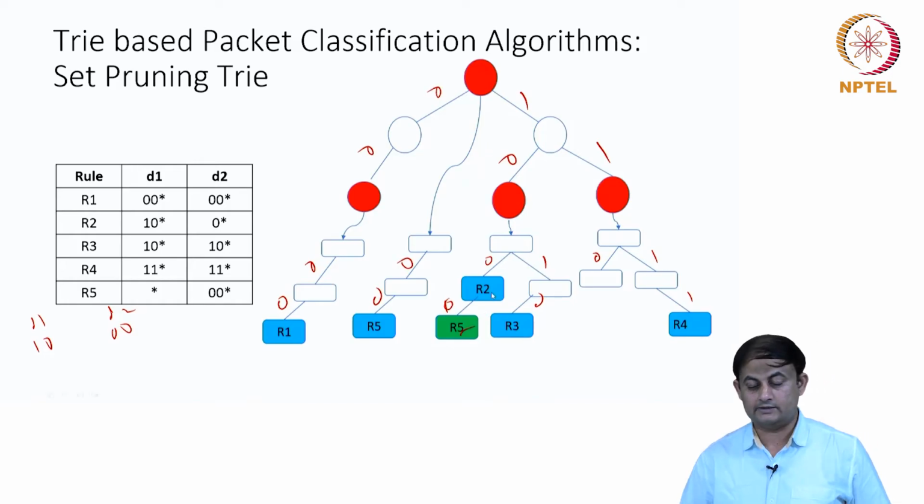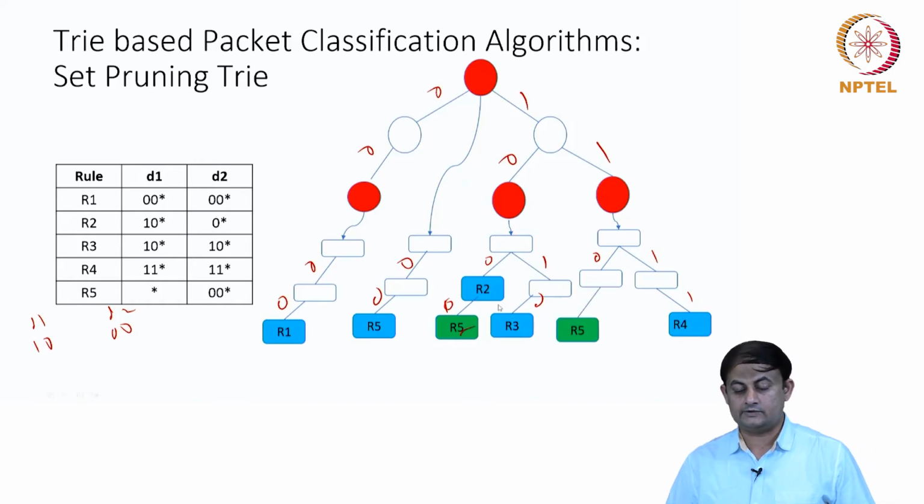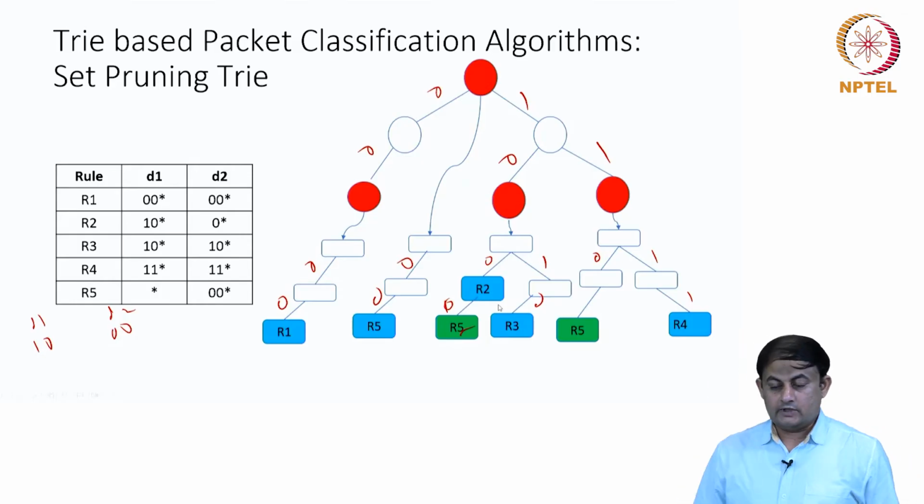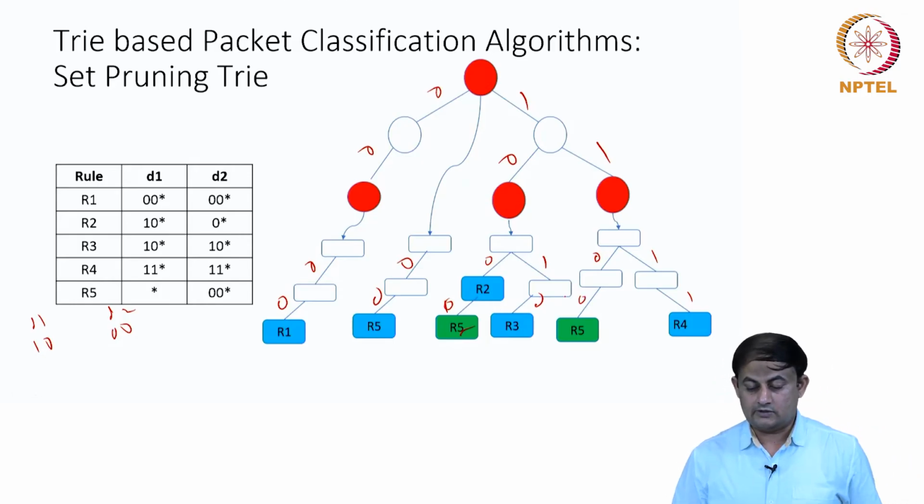That's why I replicated this node, and then I continue doing this. So 1 1 star in the first dimension and 0 0 star in the second dimension will also take me to the rule R5, and these are the two rules that are replicable.